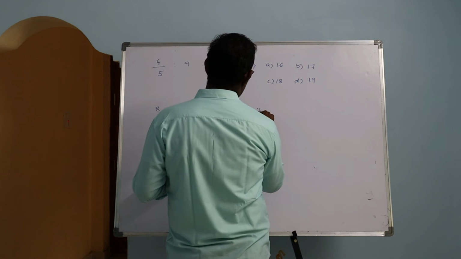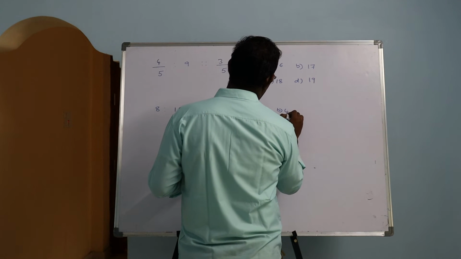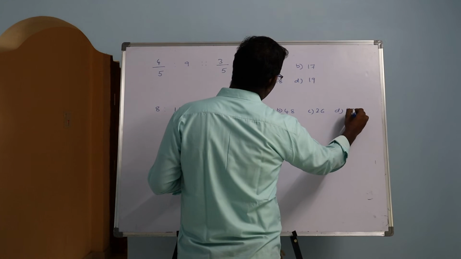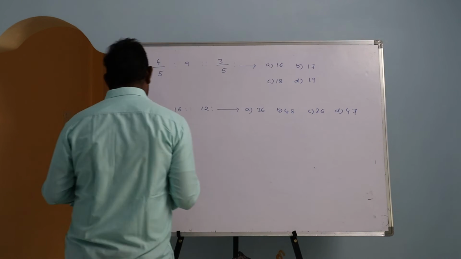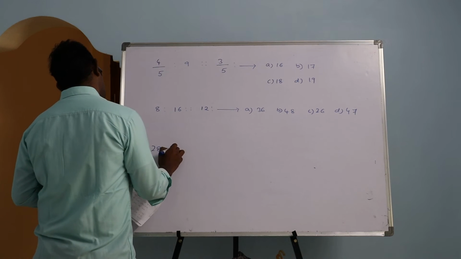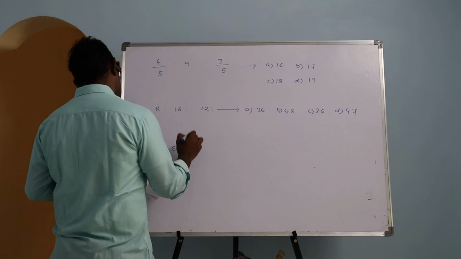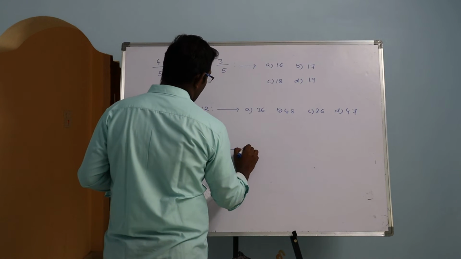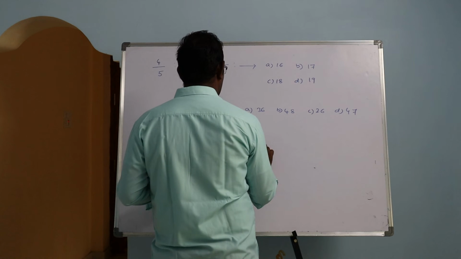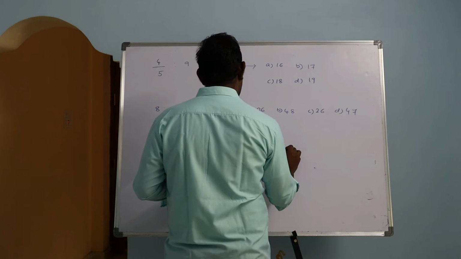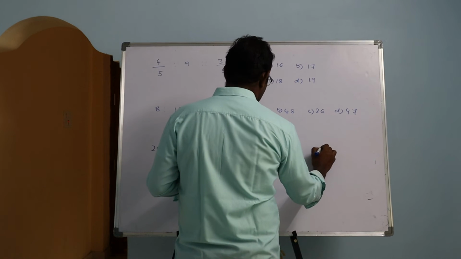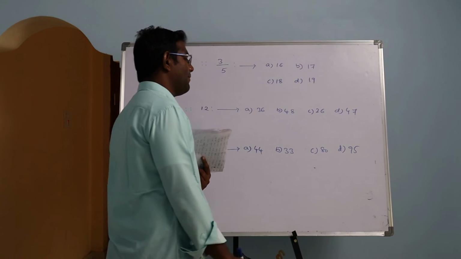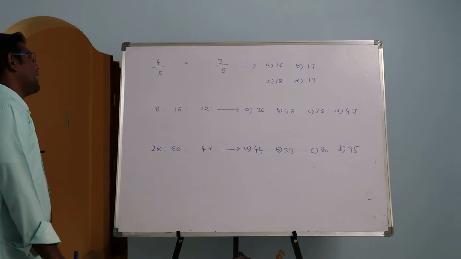Option A is 36, option B 48, option C 26, option D 47. Next bit, sir. 28 is 60, as 47 is dash. Option A, sir, 44. Option B 33, option C, sir, 18, option D, sir, 95.